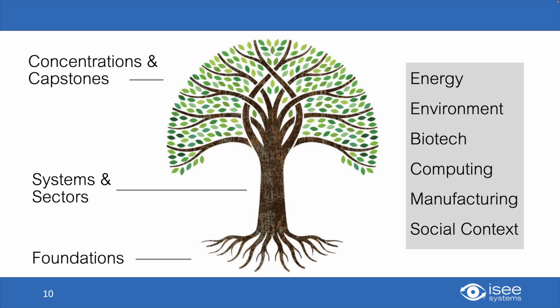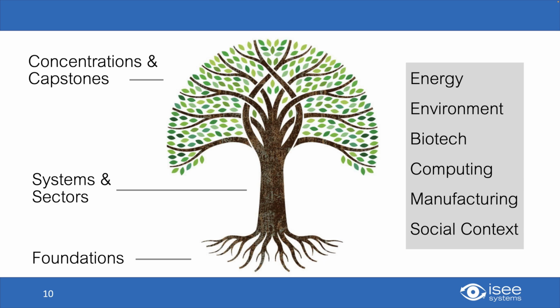This is what she also uses when she's talking about the program, and it gives you an idea of how things are set up. The roots of the tree are our foundations, and the systems and sectors courses are sort of the root of this. We have a number of courses that we teach system dynamics in, and we have 4 courses that are required.